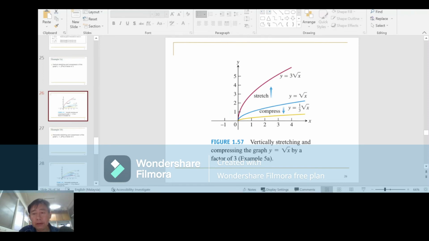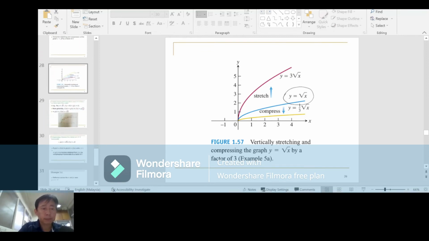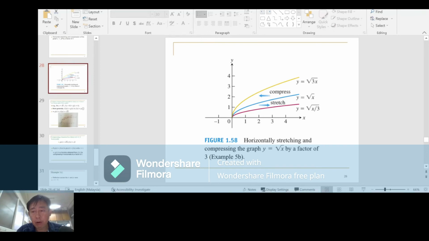So you have an original function, y equals the square root of x. When you multiply the argument x by k, you arrive at the compressed version of the graph, where the graph of the compressed version is lying on the left of the function y.